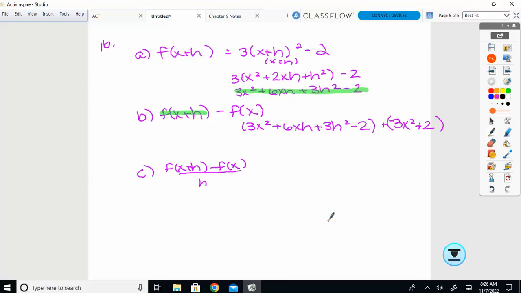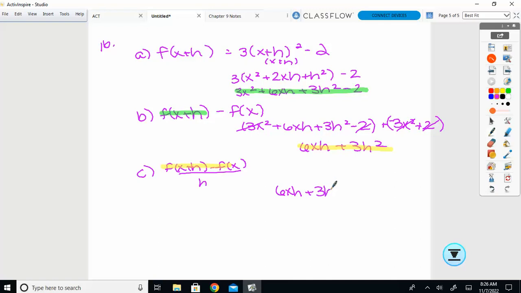positive 3x squared and negative 3x squared cancel. Negative 2 and positive 2 cancel. So we get 6xh plus 3h squared. And then I would say part C, f of x plus h minus f of x, that's what we just worked out.